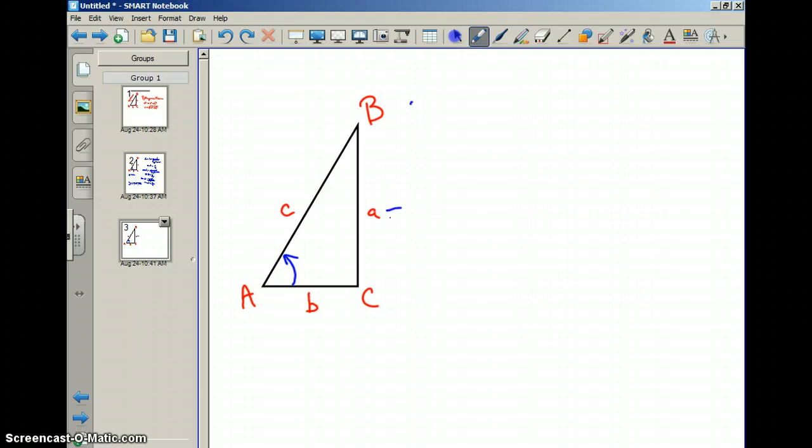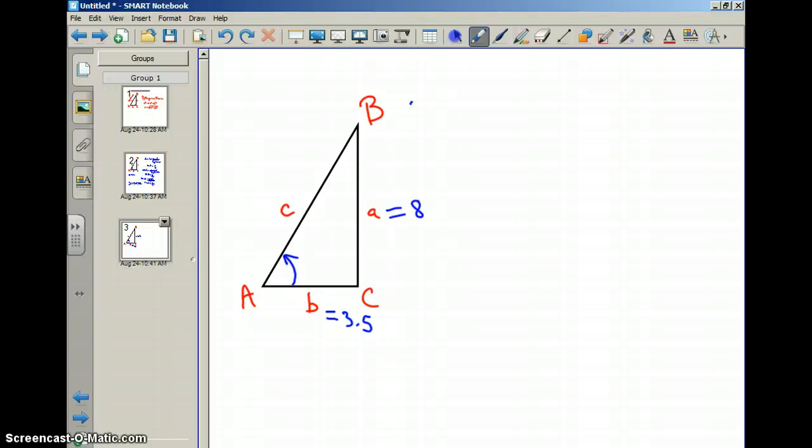So a equals 8. And perhaps side b is equal to 3.5. Now, I'm not drawing this to scale. I'm just labeling these with lengths that I've imagined, just for the purpose of illustration.